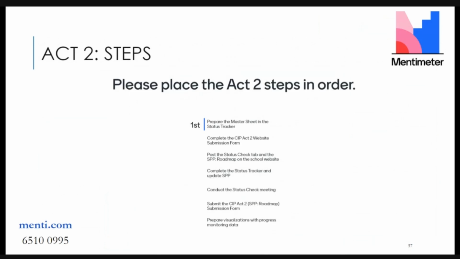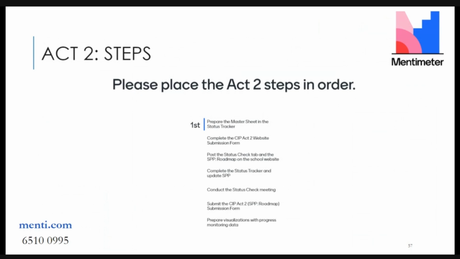So as our final check for understanding today, let's go back to our menti.com website. We're going to ask that you consider the steps that need to be taken in order to conduct a successful status check meeting. You're going to drag each step to the area at the top in the order in which they should occur during Act 2.